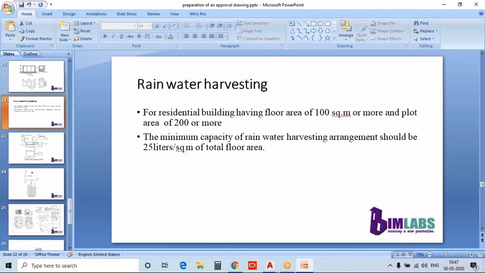Just consider that your total floor area is 150 meter square. Then you have to calculate the rainwater harvesting arrangement by multiplying this 150 into 25. That will be your rainwater harvesting capacity, that is up to 3750 liters. That should be the capacity of the rainwater harvesting arrangement.